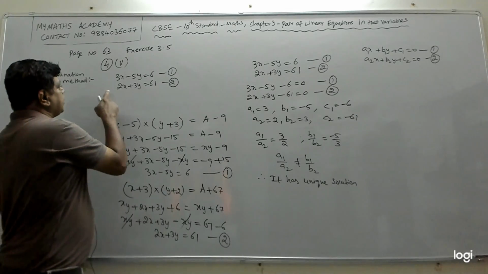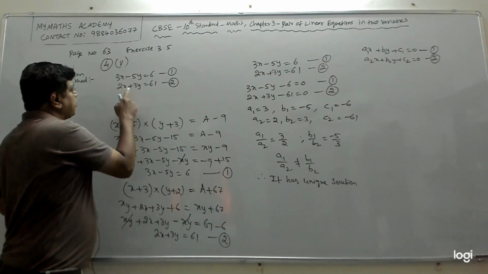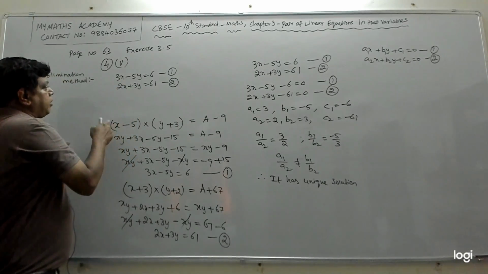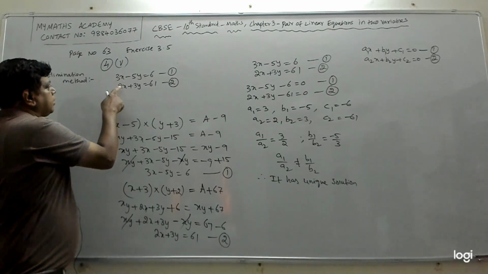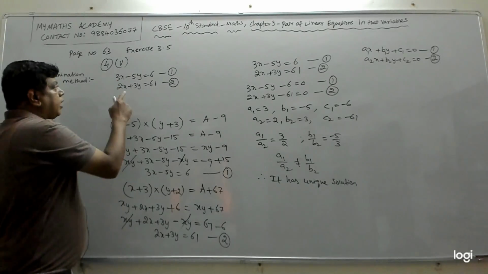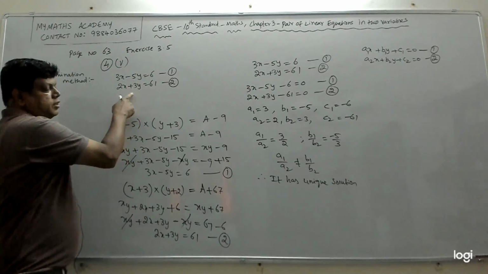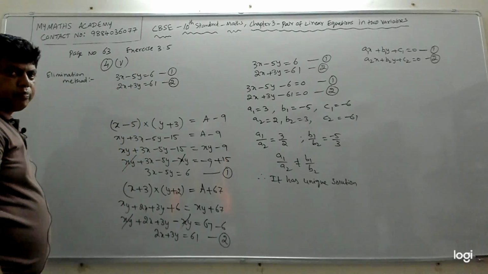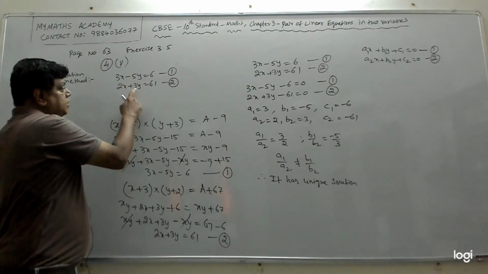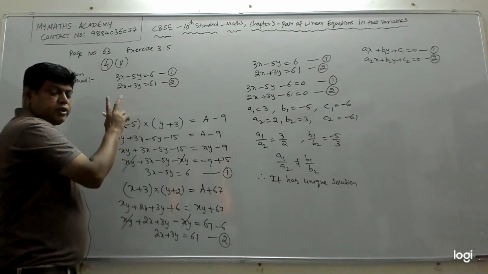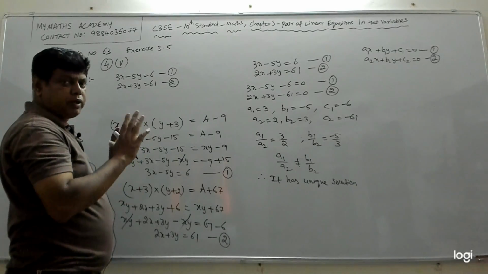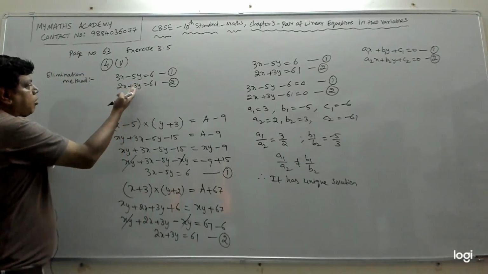One of them should be the same. What is the coefficient of x here? 3. Here it is 2. They are not the same. Again here the coefficient of y is, basically, minus 5. Here it is 3. So they are not the same. We can have minus 5 and plus 5. That is okay. The coefficient can have a different sign, but the numerical value should be the same, but that is not the same here or here.